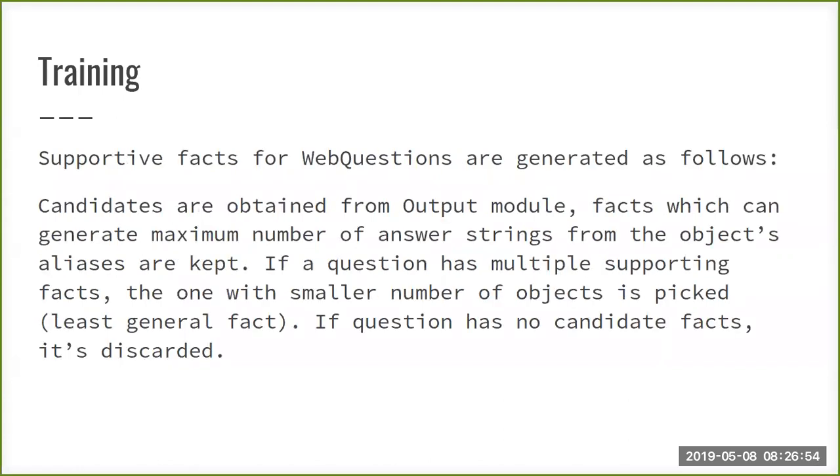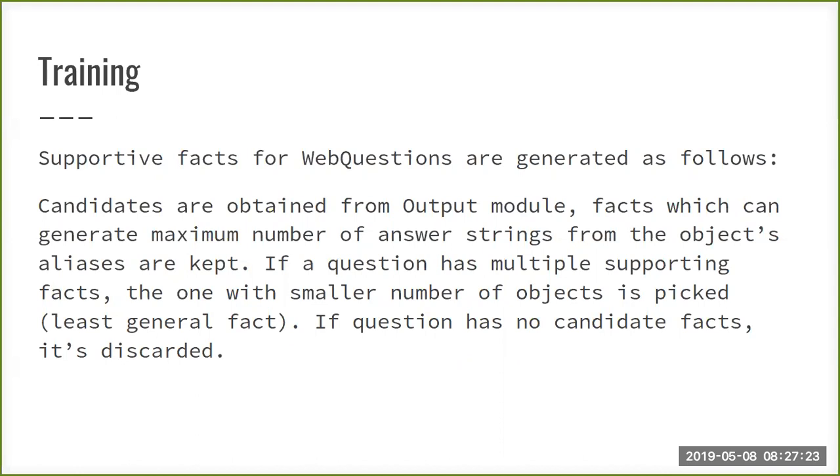So for the WebQuestions, since they only use this knowledge like Freebase to answer the questions, they would try to match some of those facts to the WebQuestions.